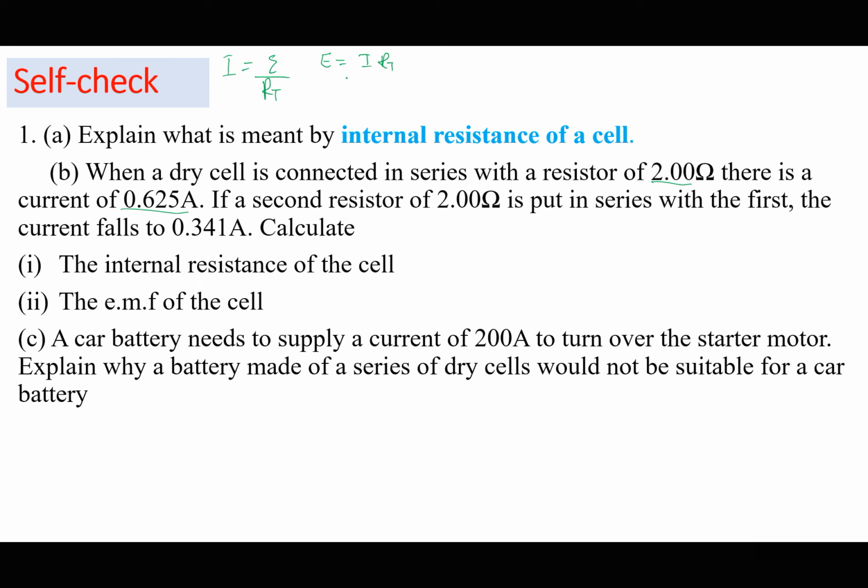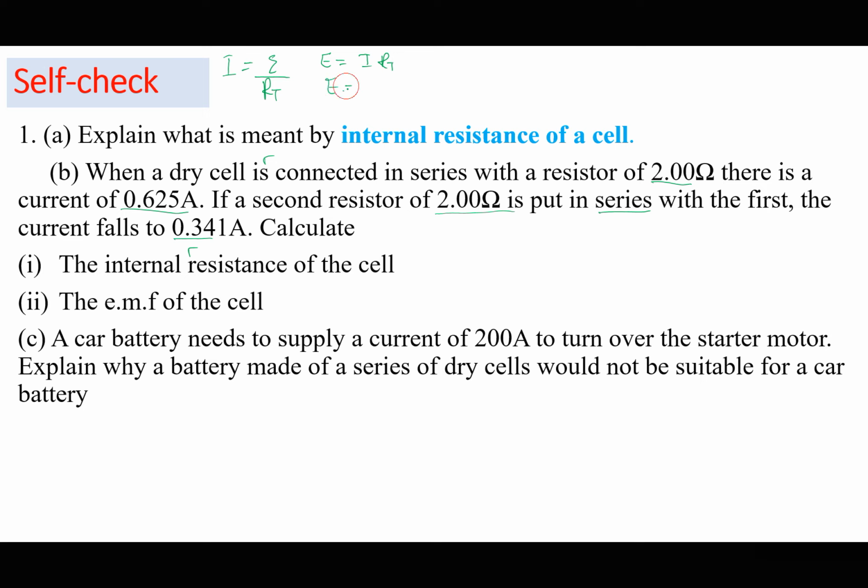So we have a resistance, let the internal resistance be small r. If a second resistor of 2 ohms is put in series with the first one, the current falls to 0.341 amperes. Calculate the internal resistance of the cell. So let the internal resistance be small r. For the first case, the EMF is not known.